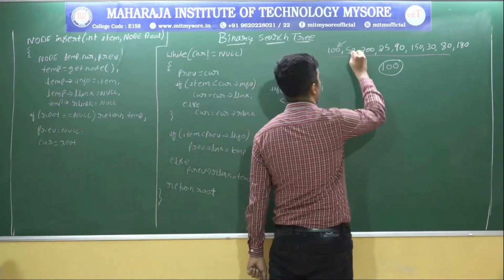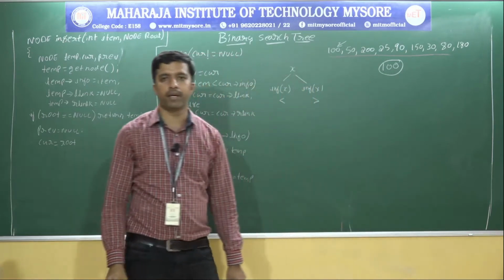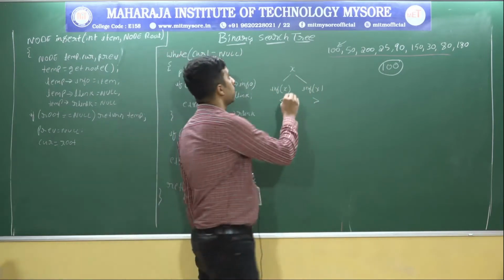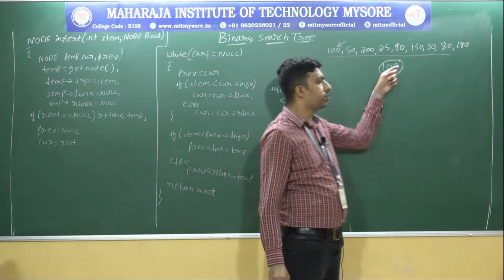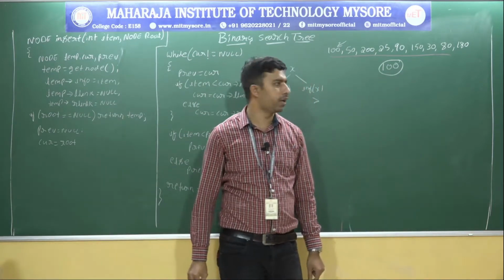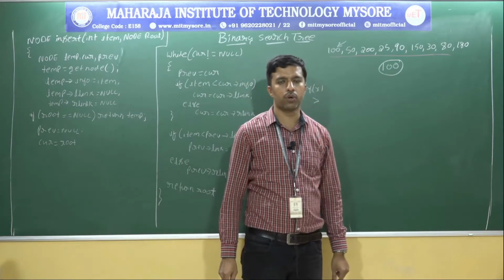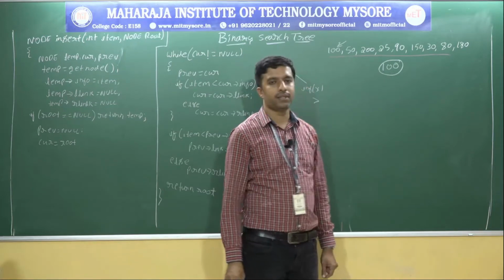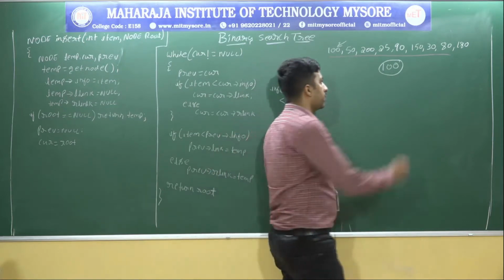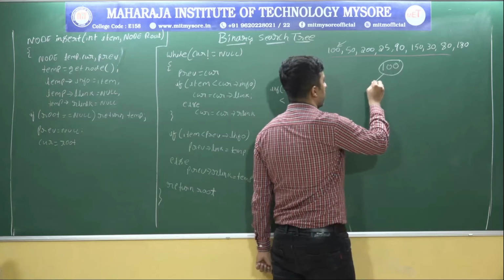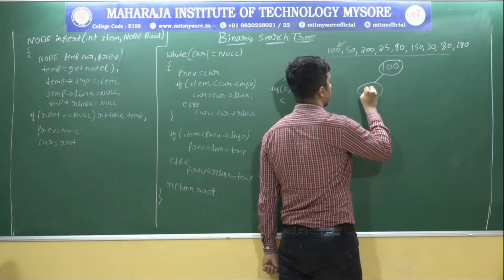The next inputted element is 50. According to the binary search tree definition, we check the info of the root node. 50 is less than 100, so it goes to the left of it.